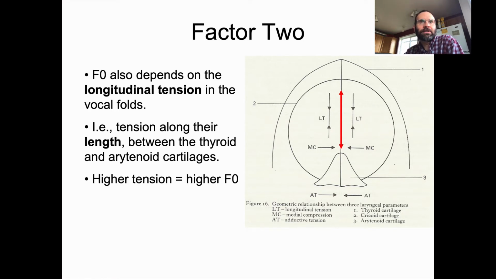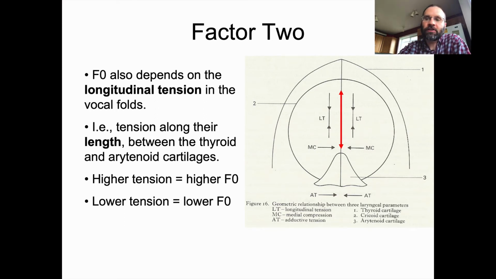The way this translates into F0 is that higher tension is going to give you higher F0, and lower tension is going to give you lower F0. A way to think about this is if you've ever played a stringed instrument, like the guitar or the violin, you can think about tuning the instrument. If you tighten up the tension on the tuning knob, the pitch of that string is going to get higher.